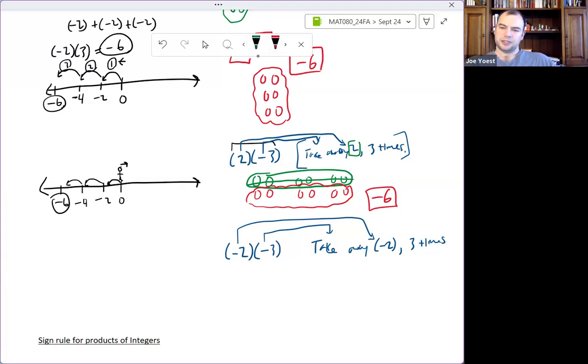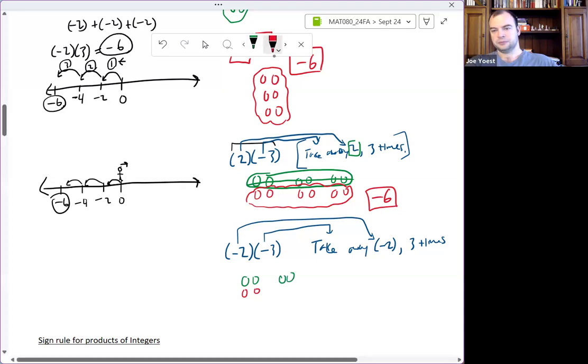All right, so if I want to take away -2 3 times, I want to get rid of 2 reds, and I want to do that 3 times. I don't have anything to start with. So I'd like to take away 2 reds, so I put in 2 neutral pairs, and this gives me 2 reds, so I can take away -2 1 time now. I need some more. I can take away 2 reds 2 times now.